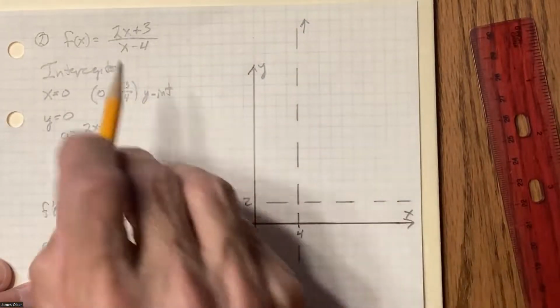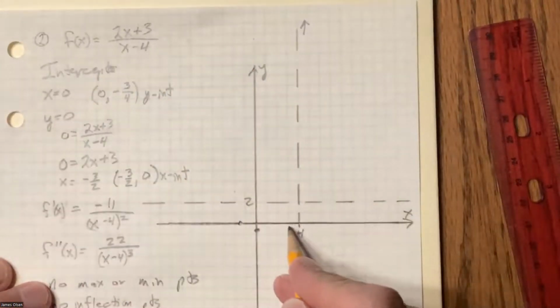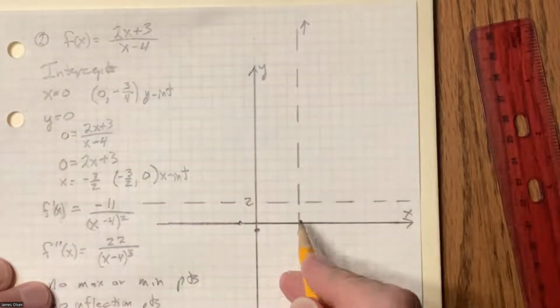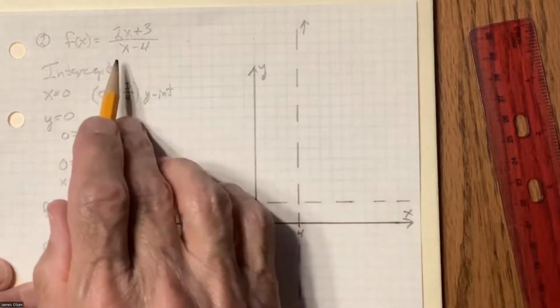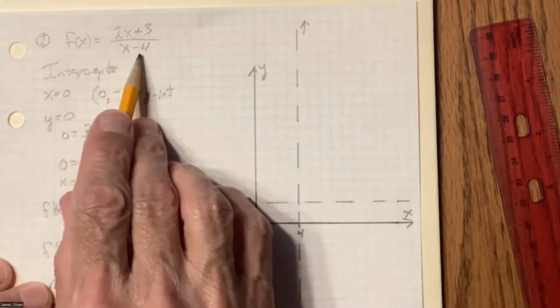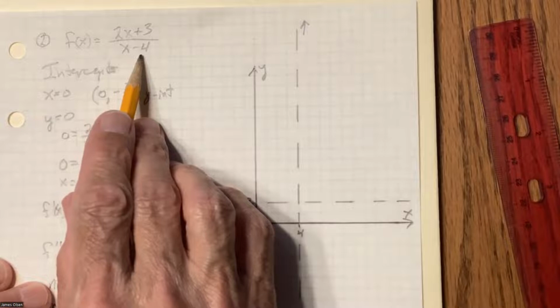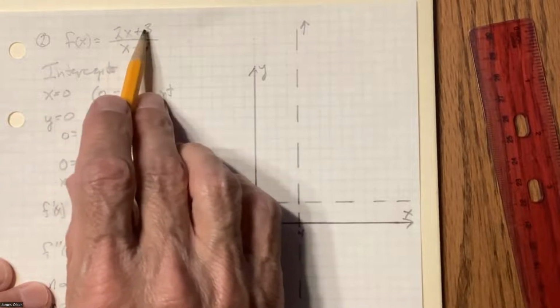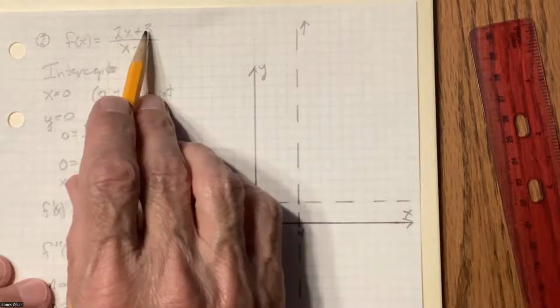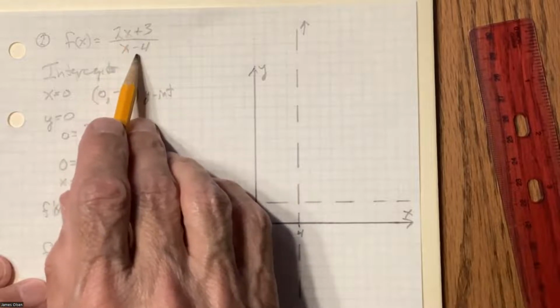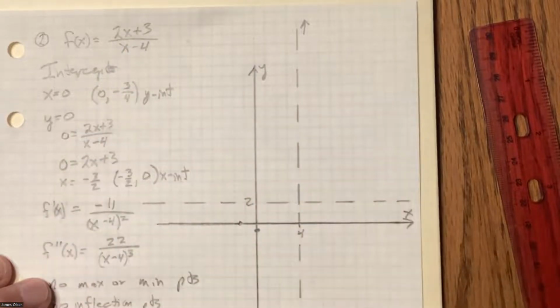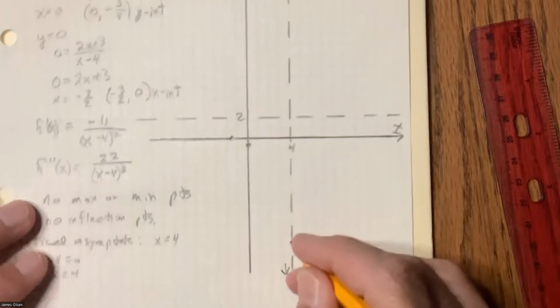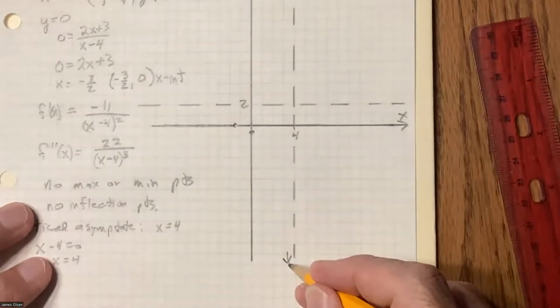On the other hand, if we're a little bit to the left of x equals 4, let's say 3.9, if we put 3.9 in, now we're getting negative 1/10, but we're still getting about 11 up here. A positive divided by a tiny negative is a big negative, and this is going to be going down here.